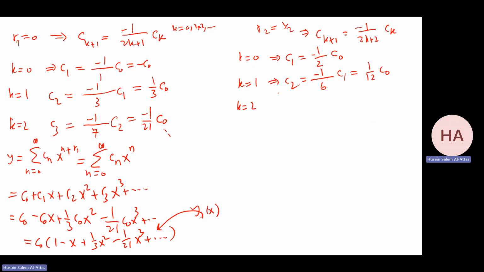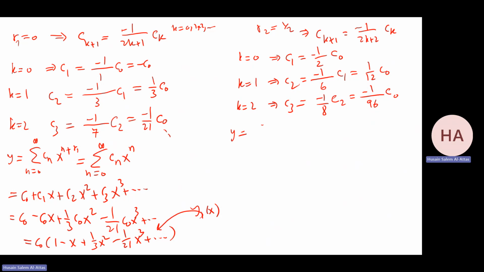For k equals 2, I'm getting c3, which is minus 1 over (2 times 3 plus 2), which is 8, times c2, so that will be minus 1 over (8 times 12), which is 96, c0.